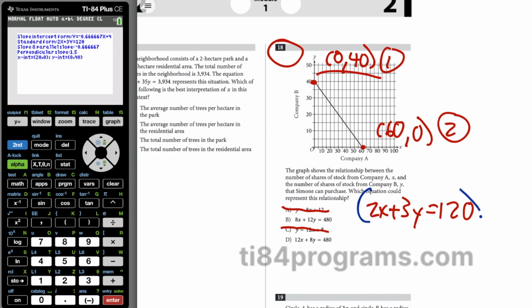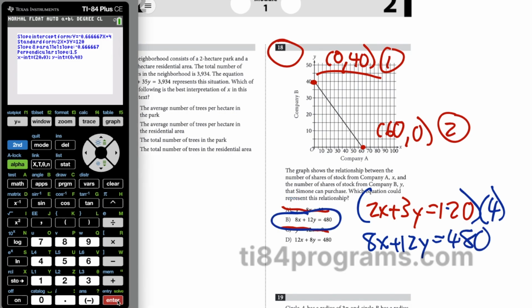What I'm going to do is just multiply everything on both sides. This isn't probably something that would pass muster in your math class, but I'm just multiplying everything by 4. I know you can't multiply equal signs, so you can just flame me in the comments. I don't care. So 4 times 2x is 8x. 4 times plus 3y is plus 12y. And 4 times 120 is 480.